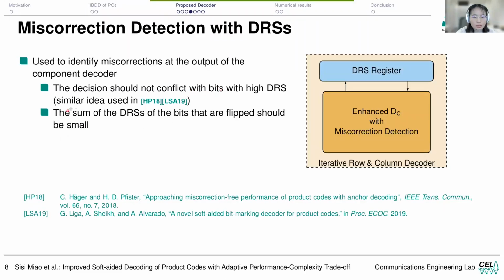And the second thing is we found that we should limit the sum of the DRS of the flipped bits. So it should be small. It means that we shouldn't flip too many bits at the same time, so it's better to be a bit more conservative during the decoding. Okay, and this is the DRS.